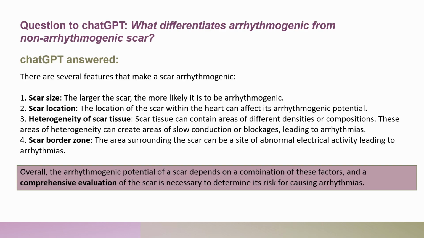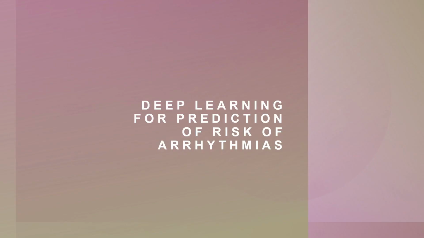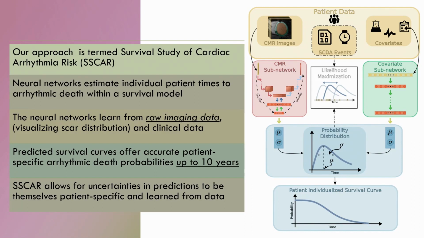So how do we do this comprehensive evaluation? We wanted to use deep learning for prediction of risk of arrhythmias. How can we use that to predict which scar is arrhythmogenic and which is not?